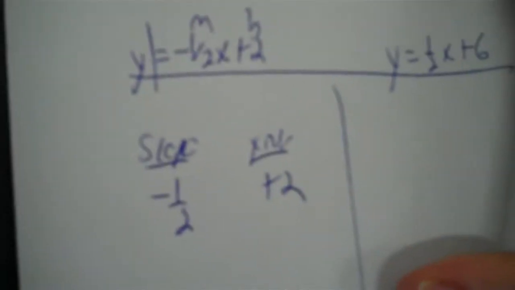Remember, this is y, this is x. So on the y-axis you go up to 2. Then from there we go down 1, forward 2. Down 1, forward 2.